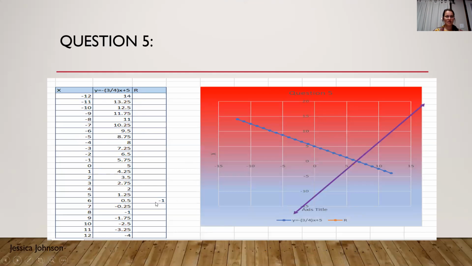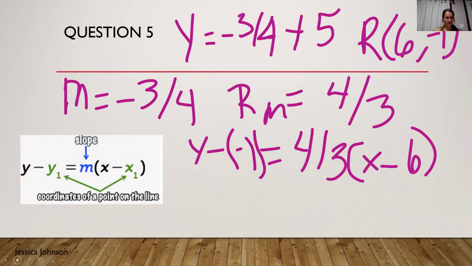To figure the slope, we need to use the point slope formula, which is y minus y1 equals m times x minus x1. y1 is your y-intercept on the graph, m is your slope, and x1 is your x-intercept on the graph. We were given the slope of -3/4, and we need to find the reciprocal slope to find the perpendicular line slope.